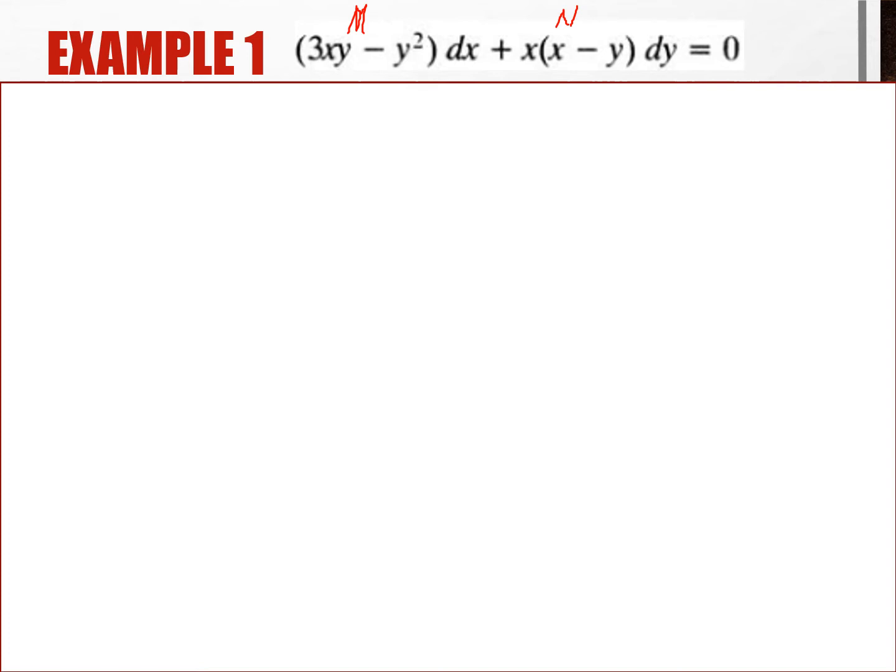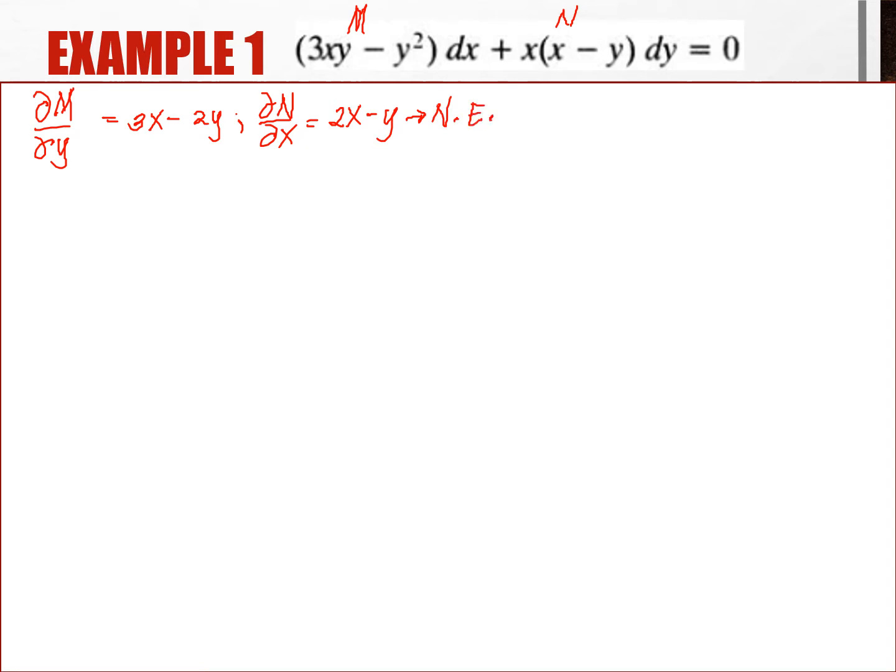So the partial derivative of M with respect to y is 3x minus 2y, and the partial derivative of N with respect to x is 2x minus y. Take note, this is not an exact differential equation.